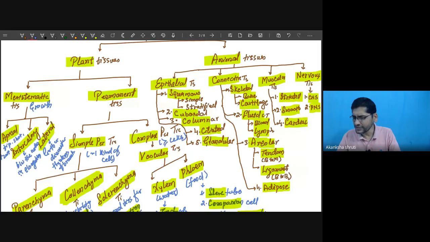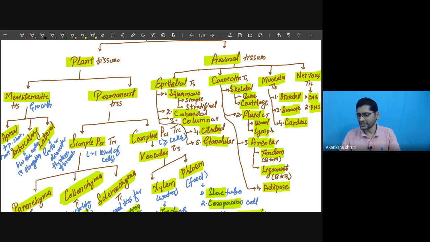Another is fluid tissue. Fluid means the liquid form of connective tissues. It is the blood, which is carrying oxygen, food, hormones, and waste from one part to another part. Like blood, there is another kind of liquid which also helps in this transportation to a certain extent, basically lymph.